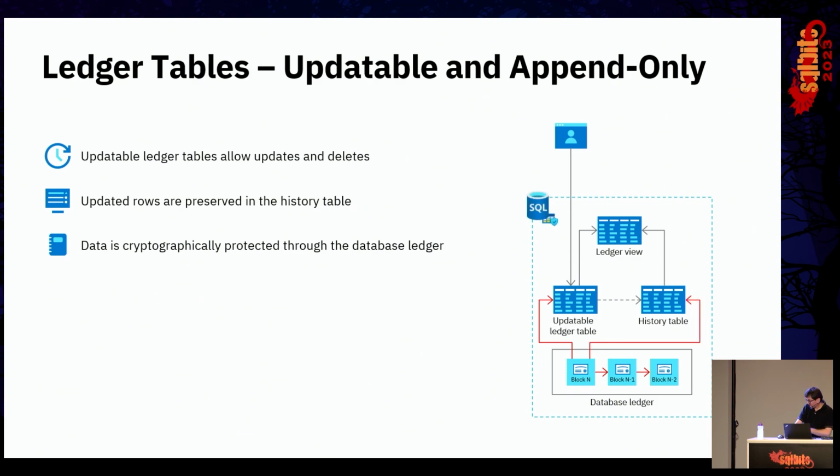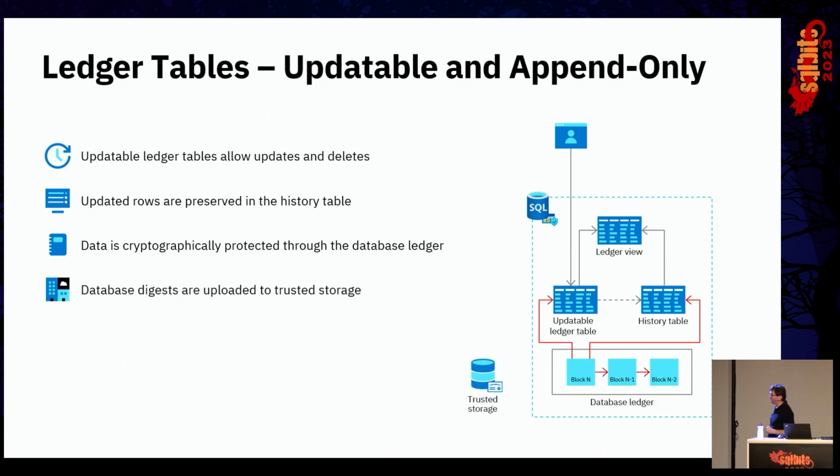Now, we have this blockchain, a chain of blocks, and the last hash of this block at any point in time is like a digital signature of the database state. It's a digital footprint of the database. Every now and then, we upload these database digests to an external storage outside of the database, and it's the root of trust in this system.